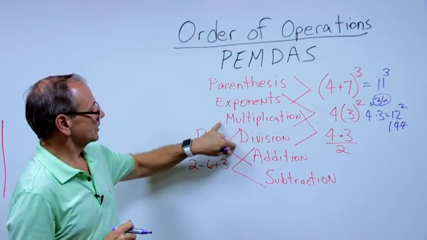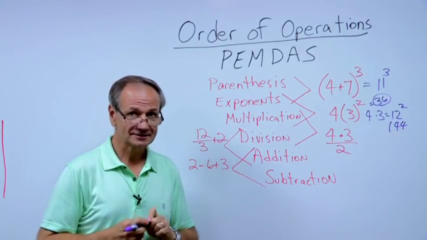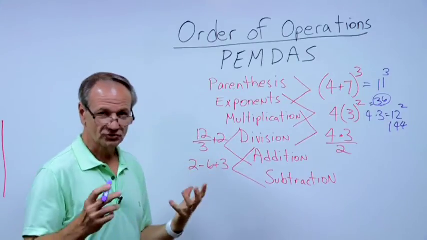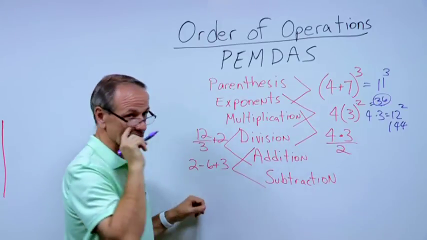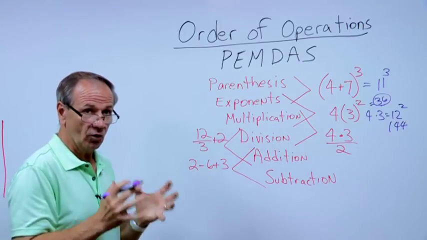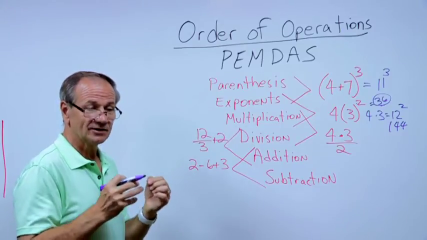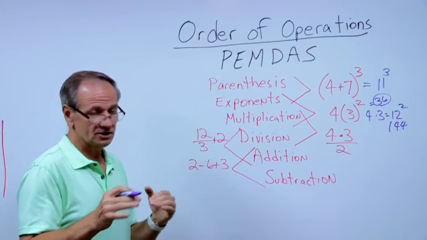Now if we looked at multiplication versus division, this is one where there are unique examples where it makes a difference. This one doesn't really matter. I'll show you as you look through this. But we keep in mind what the order is, and we always follow the order. It's a set of rules we don't change, and then when we run into that exotic example where it really makes a difference, we get it right.